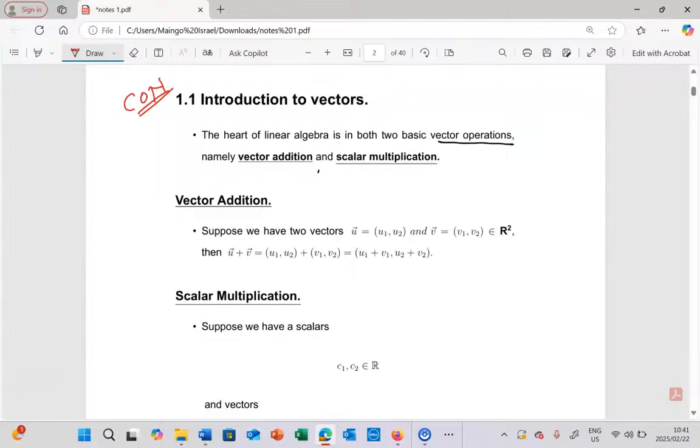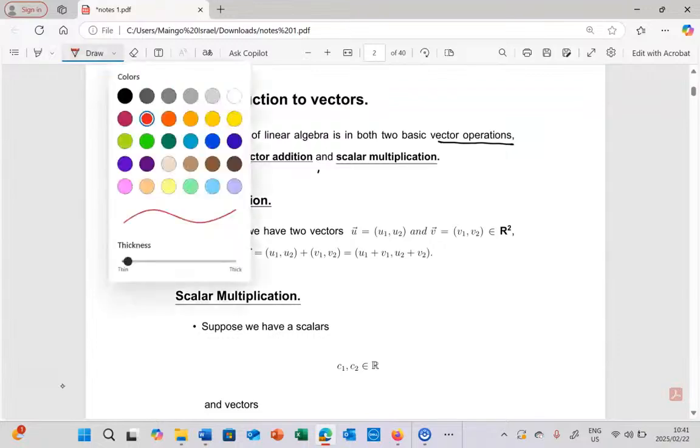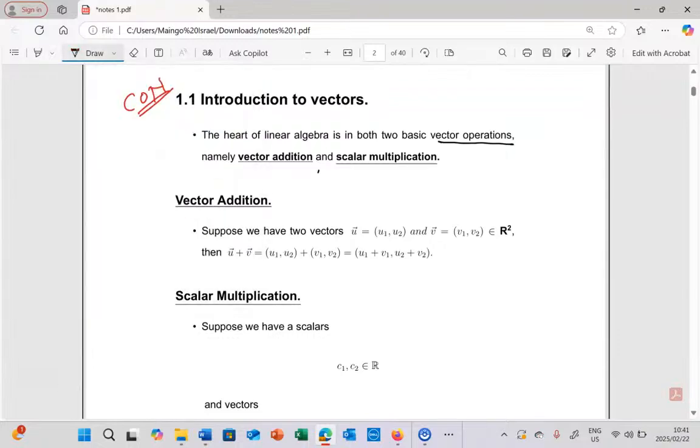Now I want to take you through the introduction to vectors. You know the notation of vectors. The notation of vectors can be any letter with an arrow on top showing the direction, or you can just use bold letters if you don't want to put an arrow on top.